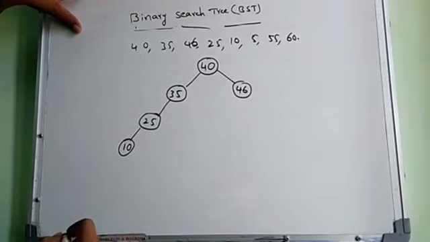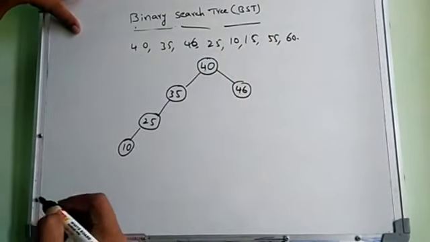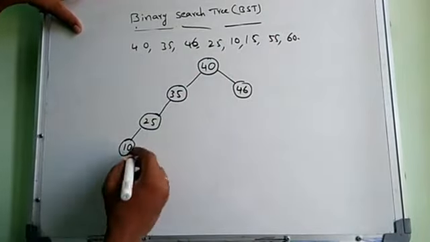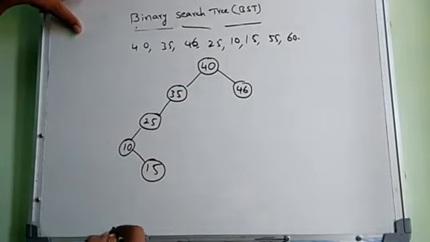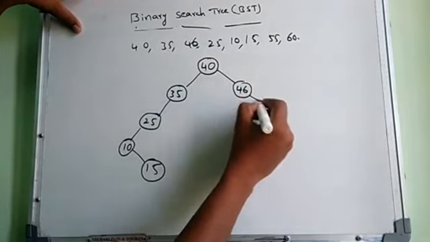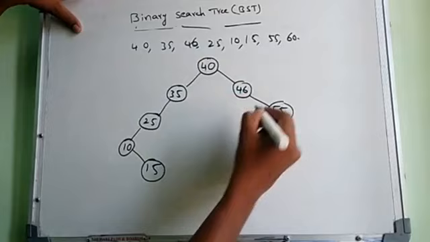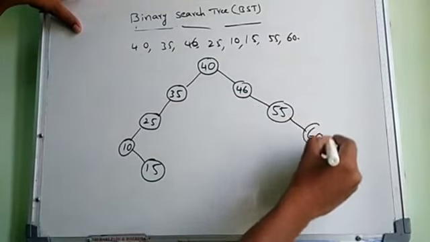Next, for ease, take 15. Then it is a greater value than 10. Next 55 is greater than 40, and 55 is greater than 46, so it moves to the right side. Next 60 also moves to this position.